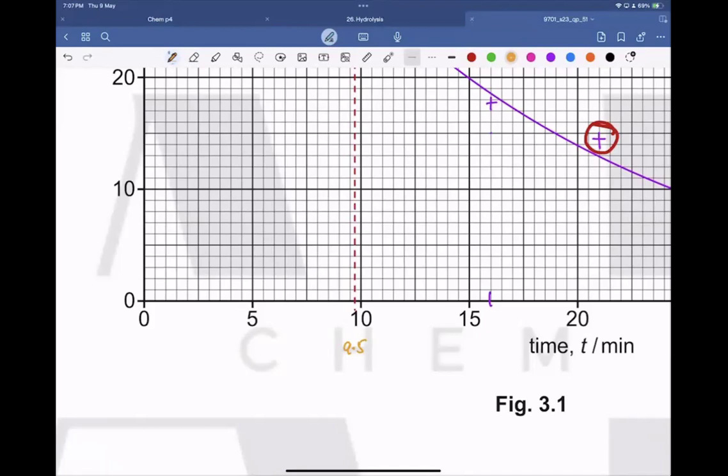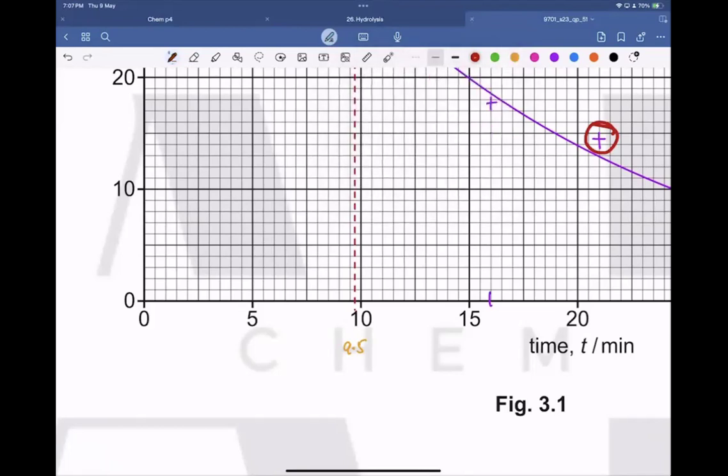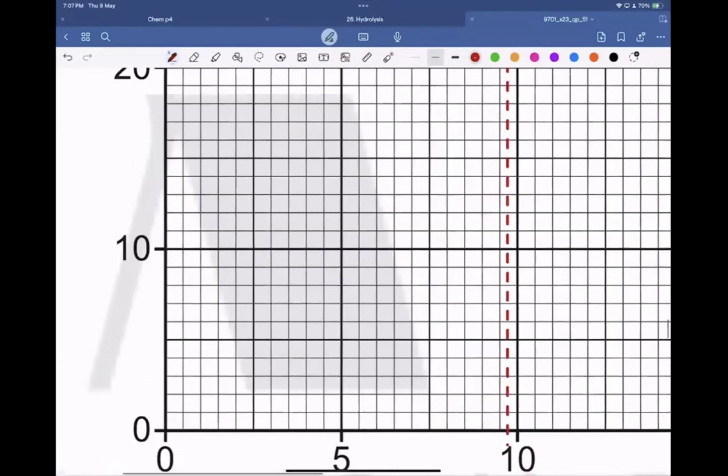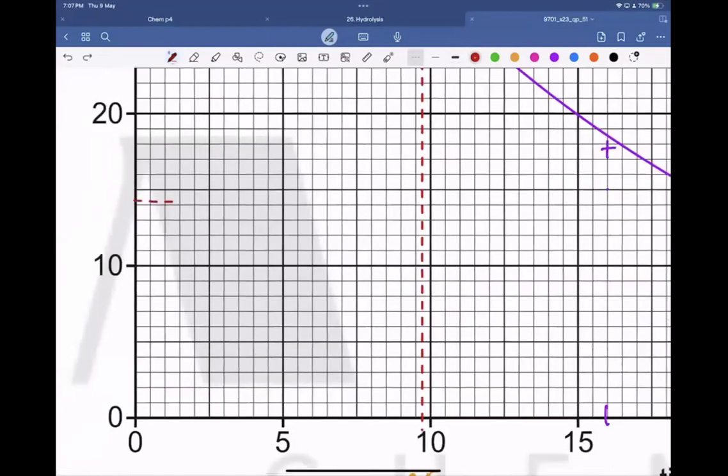It's 14.3. So 14.3 is going to be over here.